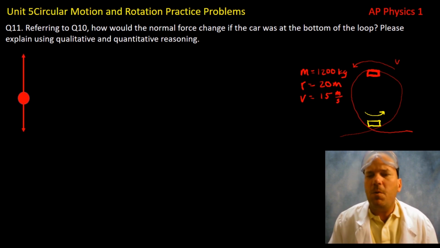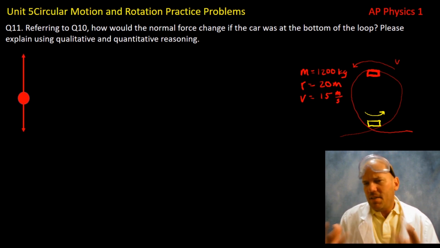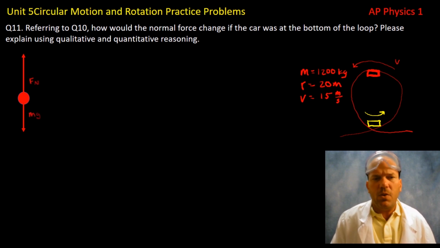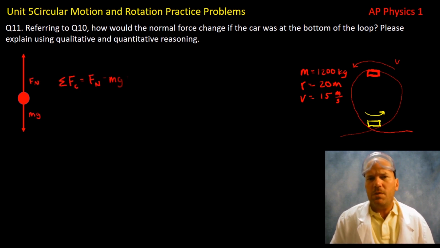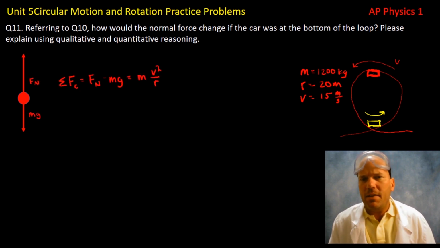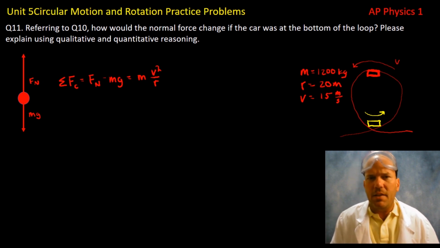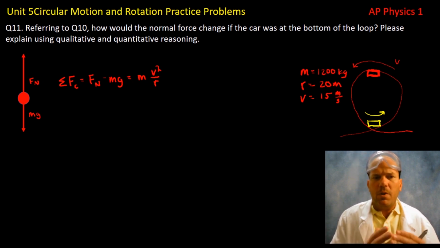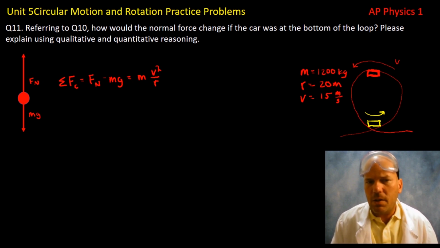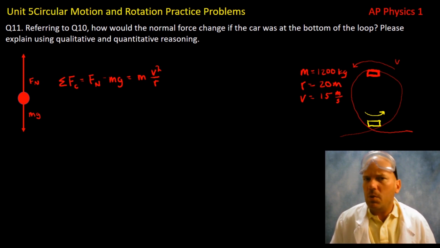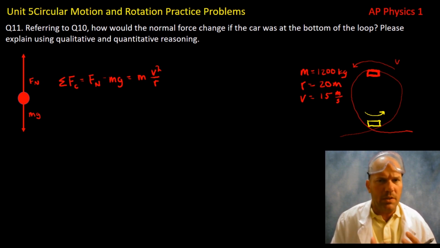If we sum our forces for this scenario, we see there's only one inward force, that would be force normal, and the force of gravity is directed down toward Earth, whereas force normal in this instance is directed up, and that is toward the center of our circular path, and thus force normal is our centripetal or inward force.